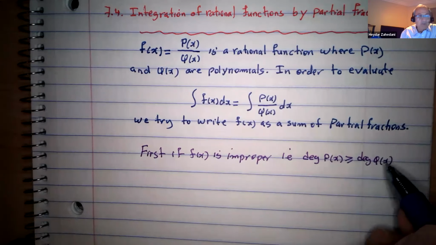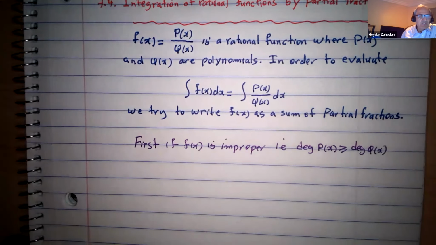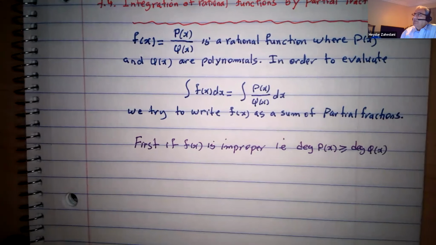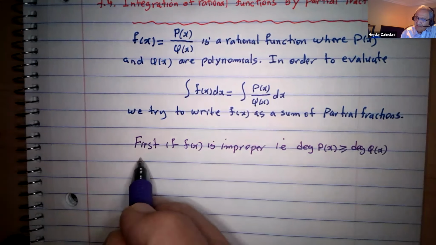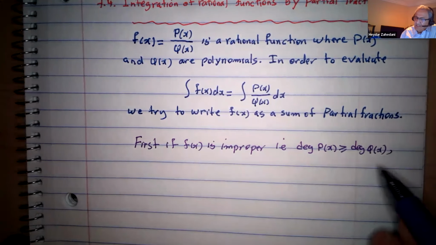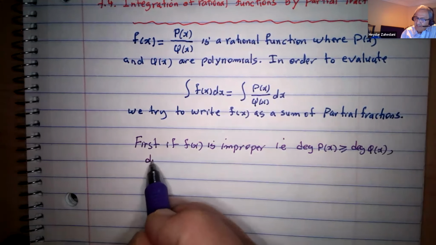It's like when we say the numerator is larger than the denominator, then we say it is an improper fraction. It's the same thing. It's rare, but you have to do it. So if f of x is improper, meaning the degree of the top is greater than or equal to the degree of q of x, you have to divide.